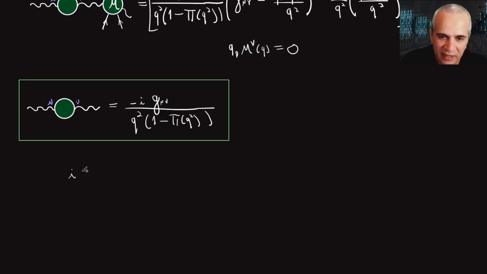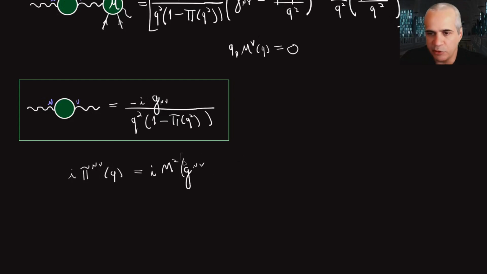You take this guy and you pretend you don't know it needs to satisfy Ward identities. And you write just some ansatz for it, like this, which is breaking Ward identities. Remember, in Ward identities, I would also need a piece proportional to q nu. But suppose you just break it.